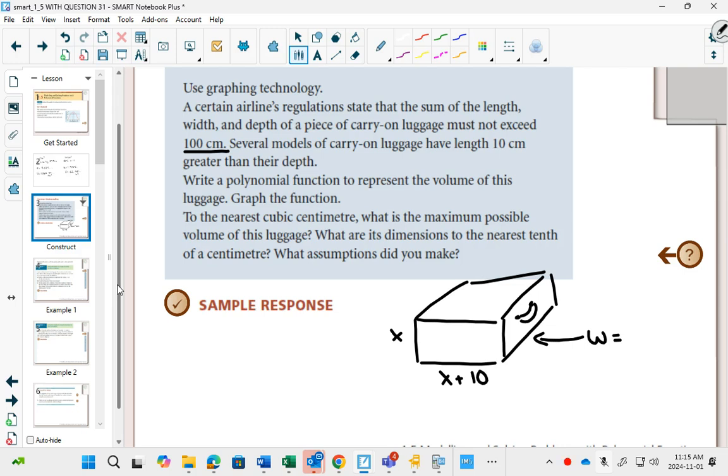Does it make sense, what did you do when I gave you numbers? You figured out what would add to make 100, right? You took 100 and you said, I've already used up X, and I've already used up X plus 10. Like when it was 20 and 30, you were like, oh, there's 50 left, because it was really easy mental math to do 100 minus 20 minus 30 and get 50 left.